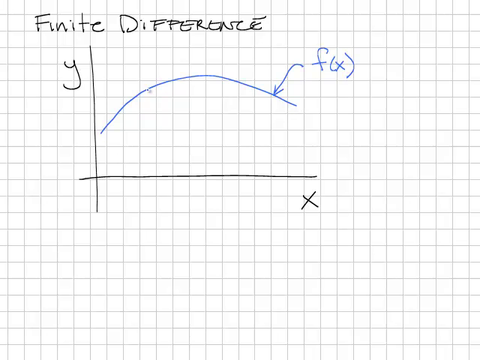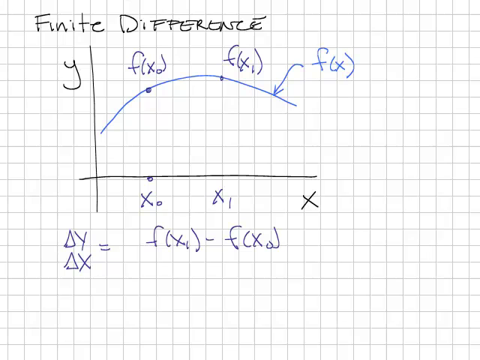So we'll evaluate the function at 2 points, x0 and x1. That corresponds to the function at x0 and the function at x1. Now we write change in y over change in x, and that is function at x1 minus the function at x0 over x1 minus x0.